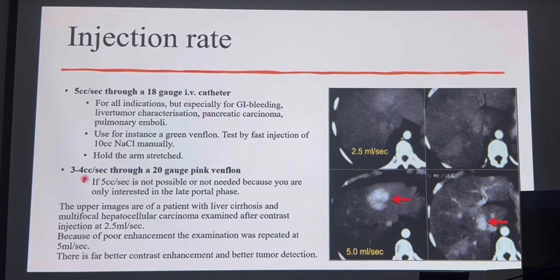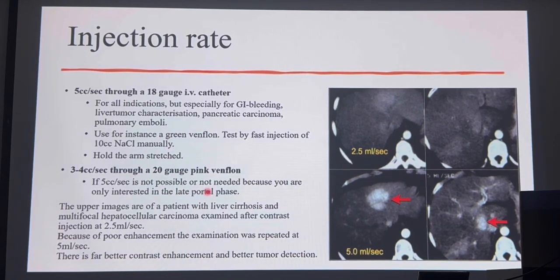Okay? Let's go through the 3 to 4 cc per second flow rate in a 20 gauge cannula. This is particularly useful for most of the organic pathologies. The upper abdomen, the portal vein is well opacified in this phase. So let's summarize this point again because it is important.